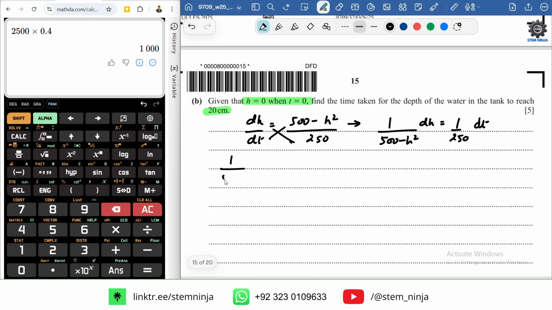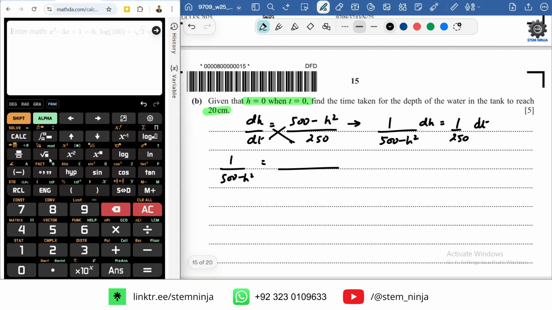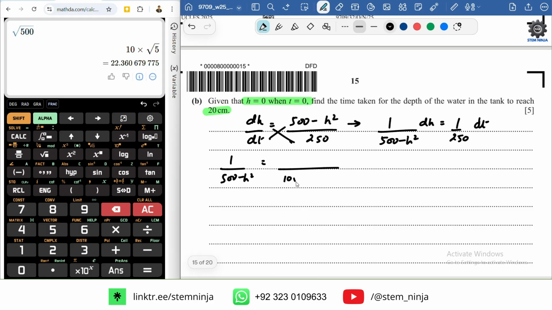So, okay, so 1 over 500 minus h squared can be separated as, what is the square root of 500? Difference of squares basically, so 10 root 5 minus h, and 10 root 5 plus h. So this one would become, so when h is 10 root 5, oh no, wait, sorry, wait.